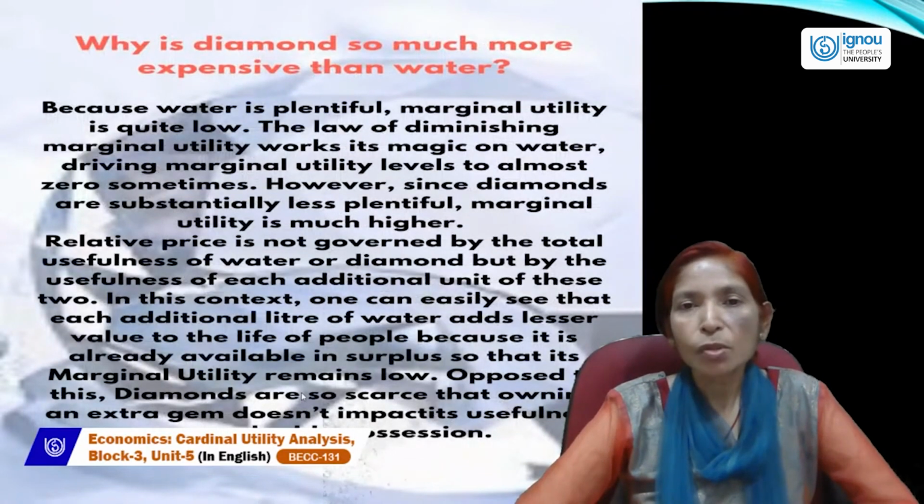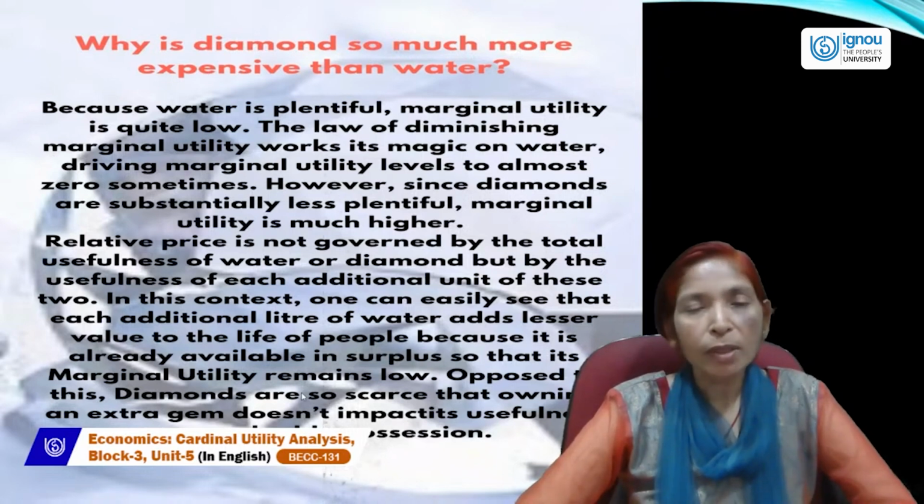Why is diamond so much more expensive than water? What is the reason behind this? Explain with the help of utility analysis. We know that water is plentiful, so its marginal utility is quite low. Water is very useful, and according to its usefulness, its total utility is very high.